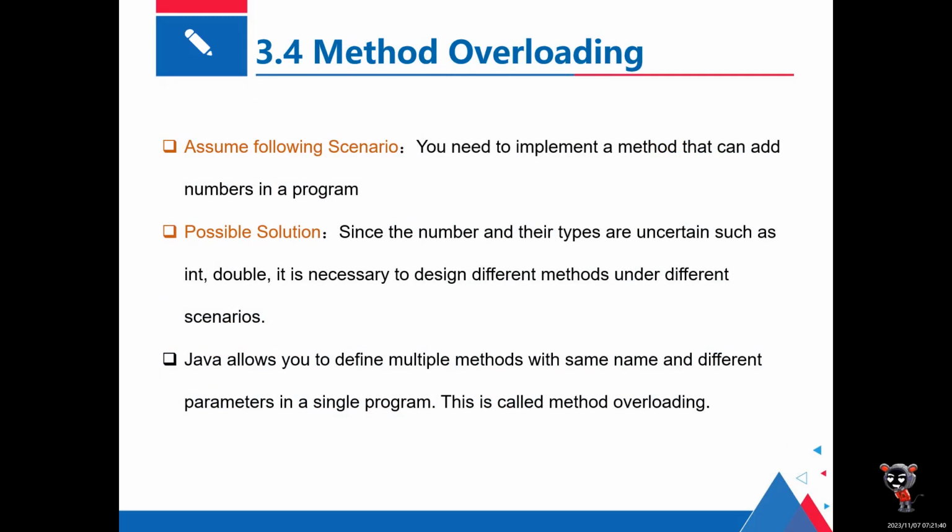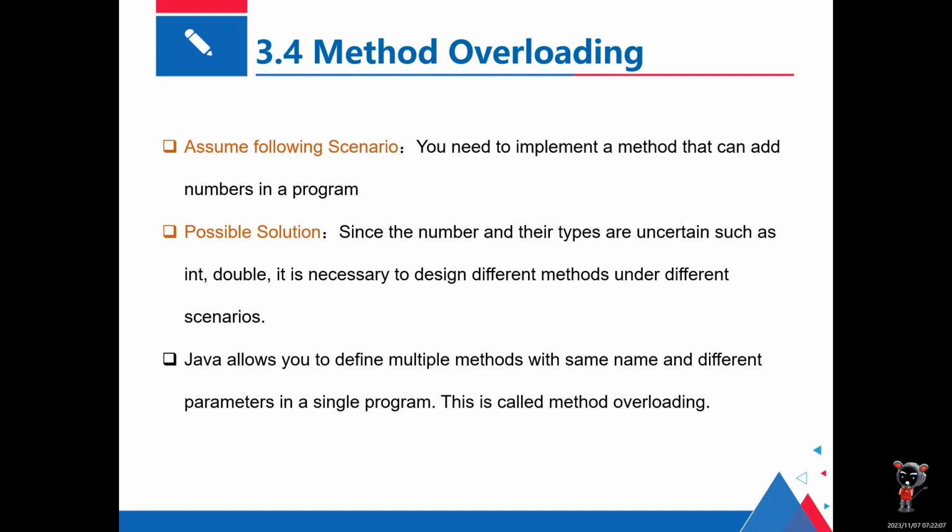Assume a scenario for method overloading where you need to implement a method that can add 2 numbers, or maybe more than 2 numbers, in a program. Each number has its own data type. For example, a number can be an integer, and a number can be a float or double which has a precision value.